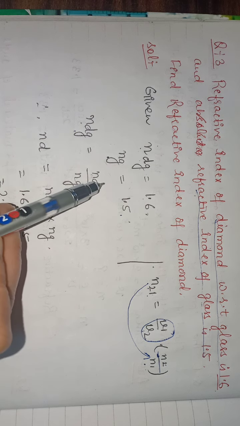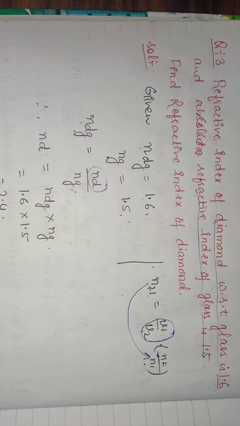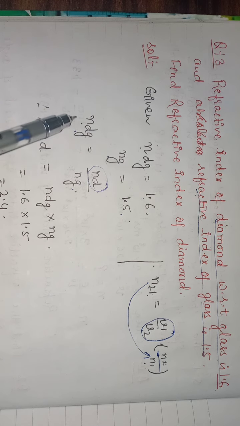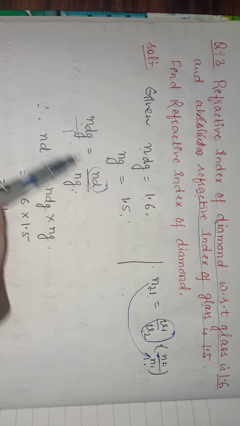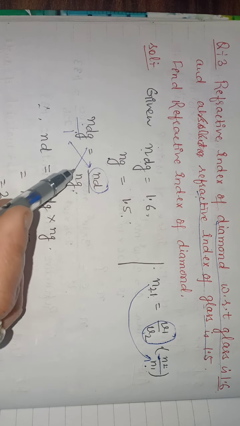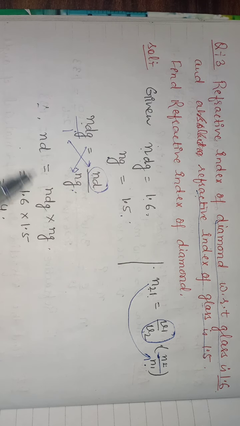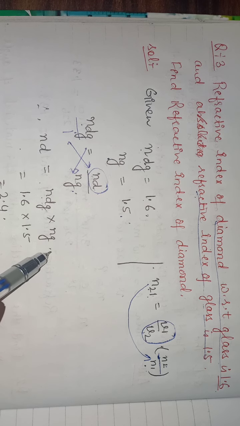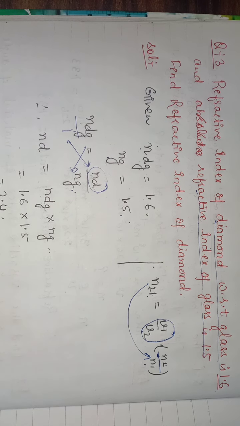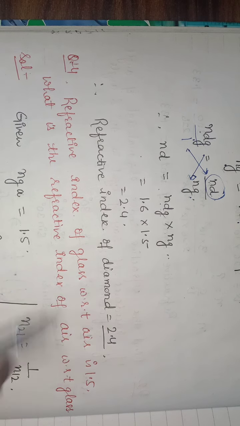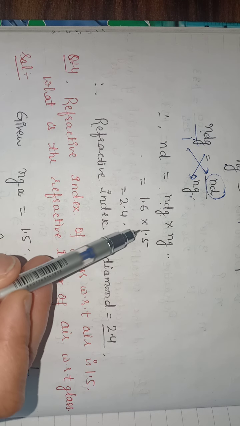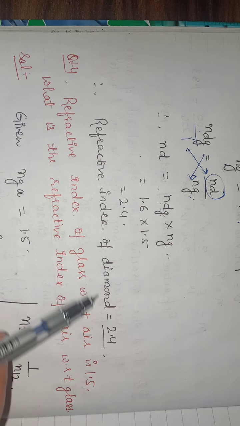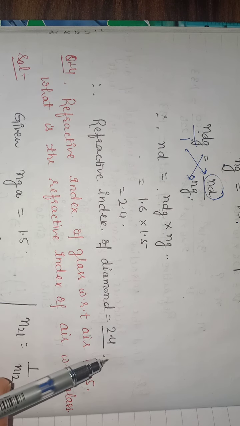We want to calculate the refractive index of diamond. So first of all, make a formula for it. Cross multiply it. Its denominator is 1, and if we cross multiply, then refractive index of diamond is equal to refractive index of diamond with respect to glass multiplied by refractive index of glass. Substitute these values and we get 1.6 multiplied by 1.5, which becomes 2.4. The refractive index of diamond is 2.4.